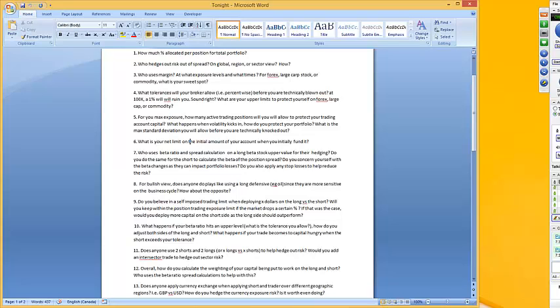How much is it? But the size of the new position is bigger than the previous initial position. And when it goes down, the gain from the new position will overcome the losses from the previous one. For example, you can calculate whatever you want.